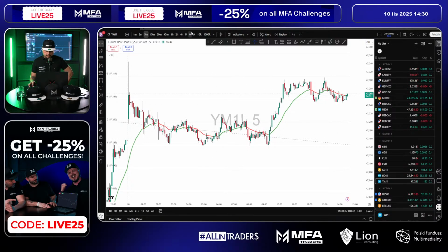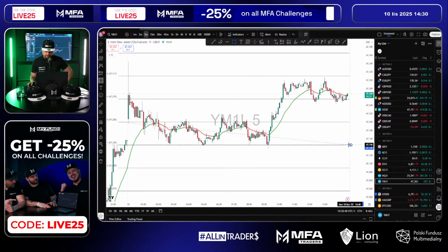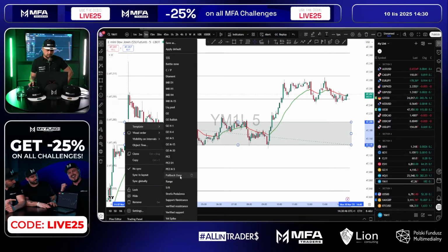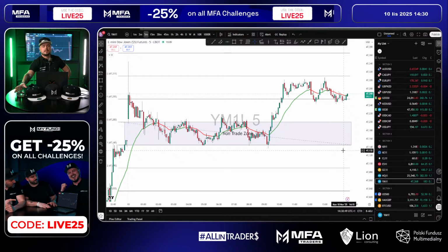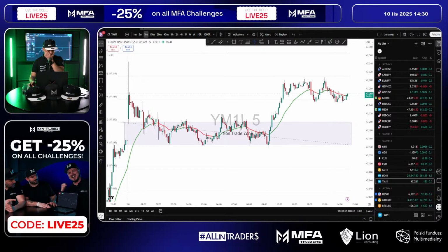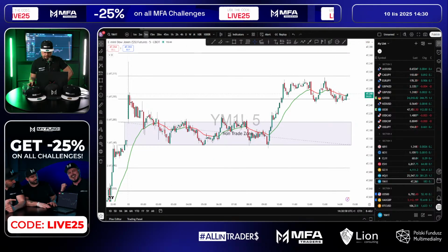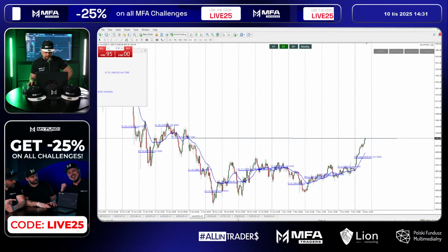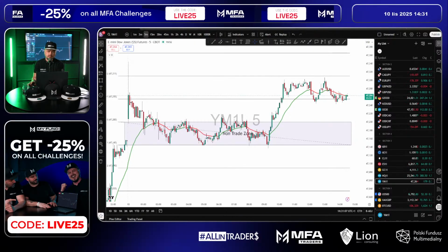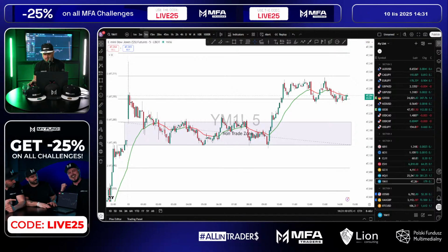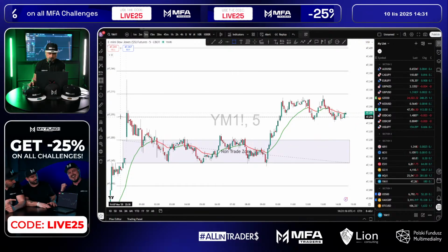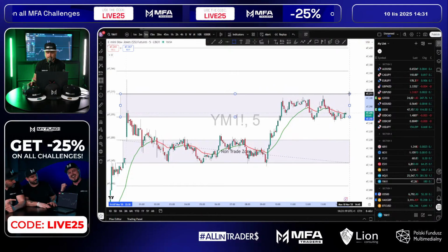Let's mark it on the chart. Non-trade zone. What's going on with the crude oil? Not yet. This is our non-trade zone. These areas are the areas where we can expect sellers.